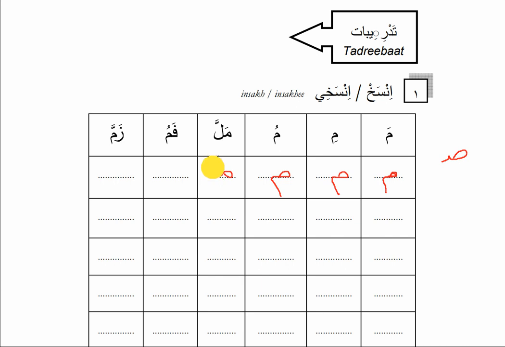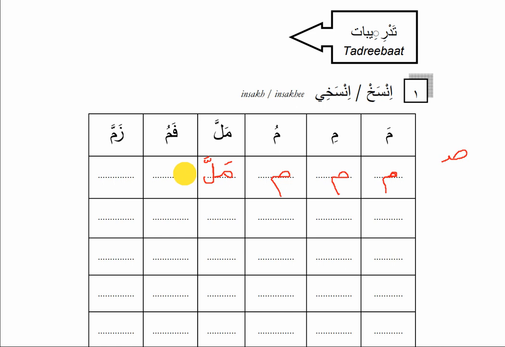In this case lam comes, so I will go up and come down. Since lam is the last letter, it will come in its original form. Now you will put the harakat, shadda and fathas. So again, when meem is at the end, it is the original form.